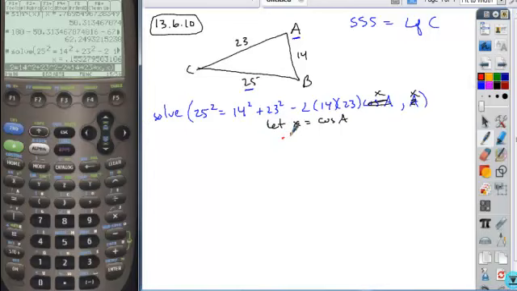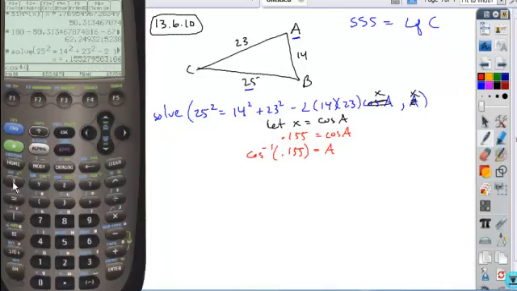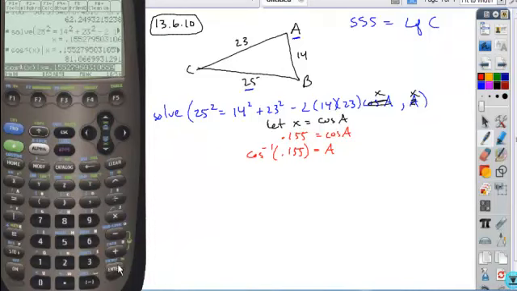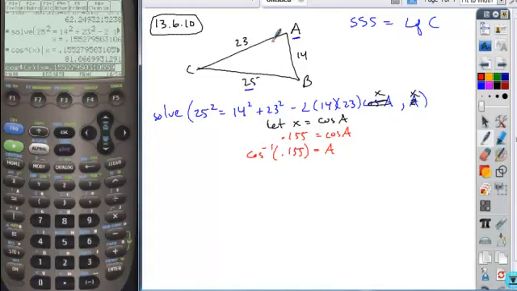So I have x is equal to 0.155, which is in the range that I expect. Therefore, if I take the inverse cosine of that ratio, I can find what the actual angle A is equal to. So inverse cosine of x, use the with key, and let x represent what it established. And that gives me 81.1.